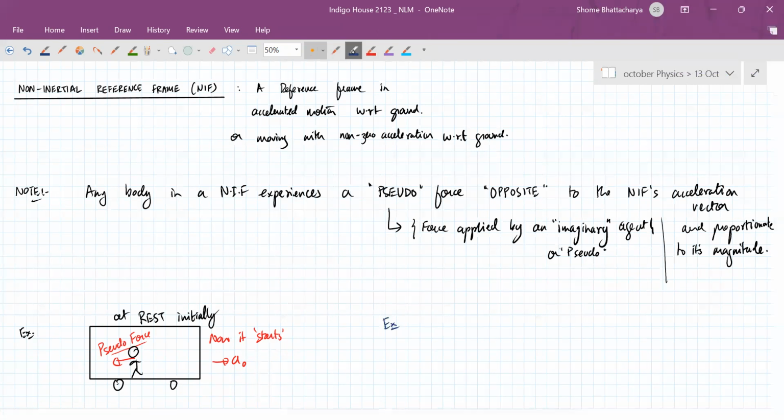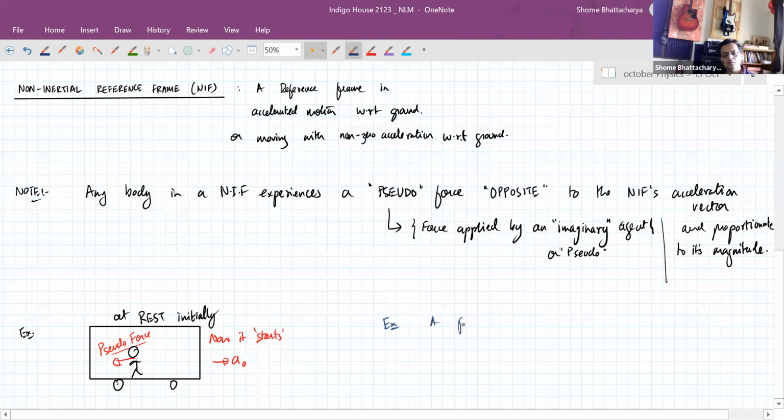Similarly, another example is a person sitting in a vehicle moving at uniform velocity.